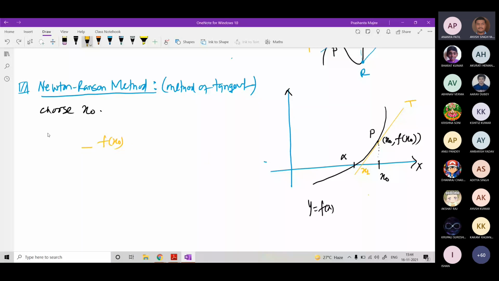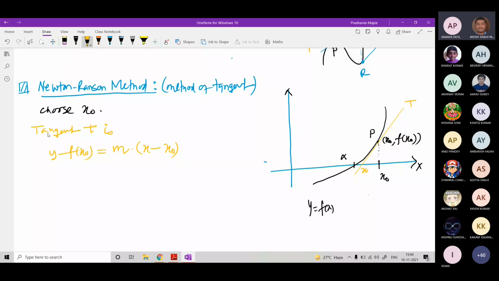Tangent T is, what is the equation of the tangent? y minus f of x0 is equal to slope m into x minus x0. What is the slope at the point x0 comma f of x0?